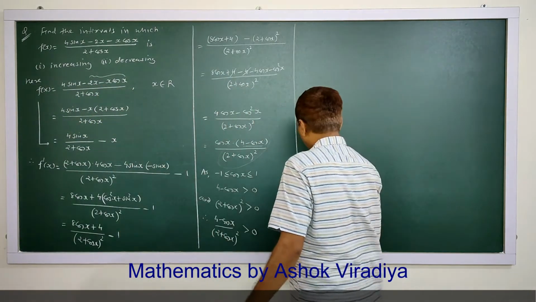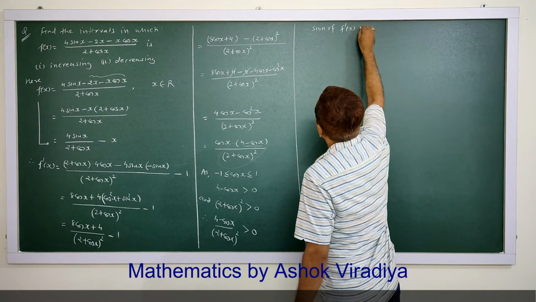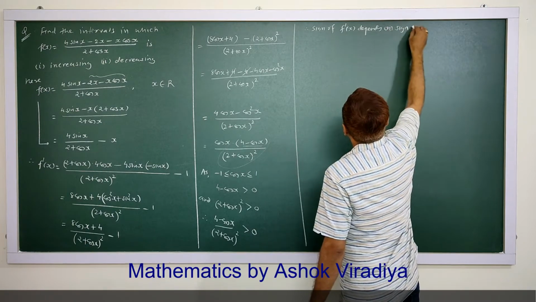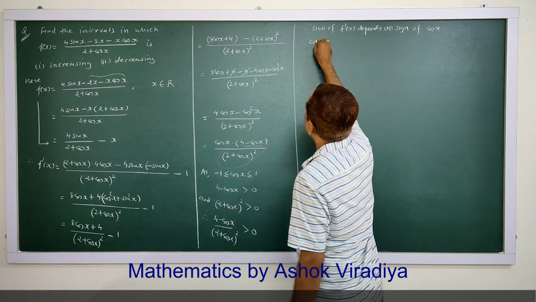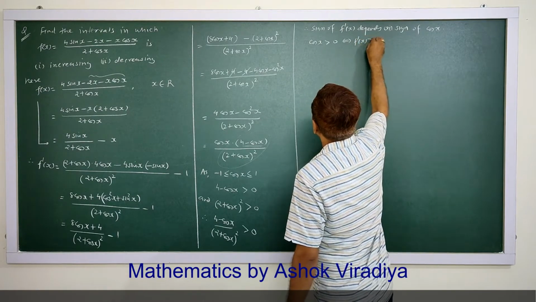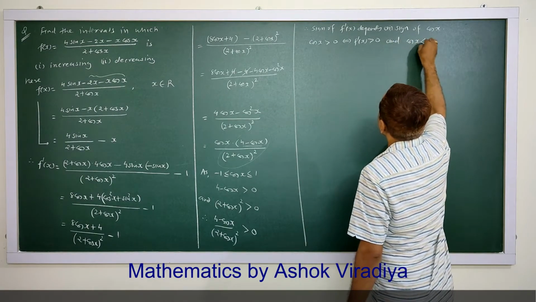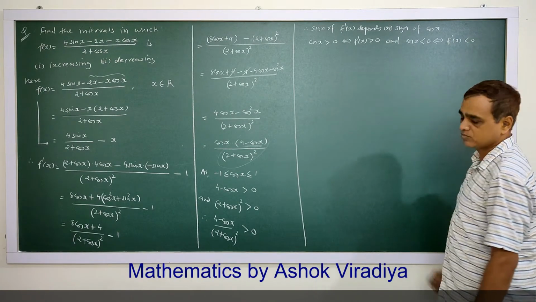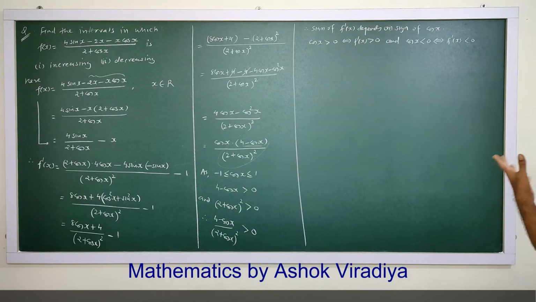So this is the meaning of this statement: the sign of f dash x depends on the sign of cos x.